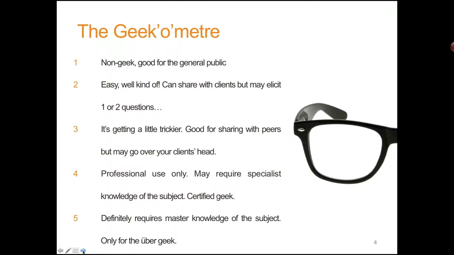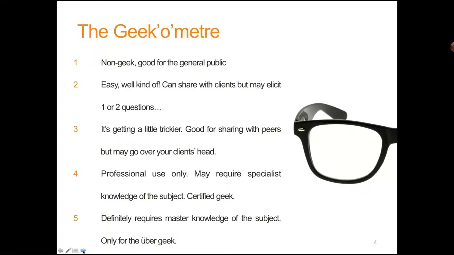And again, if you've seen me talk before, I've got this meter for how difficult the papers that I use to illustrate my cases are to understand. I've actually got a grade from 1 to 5. 1 is absolutely non-geek, can be read by the general public and understood completely.